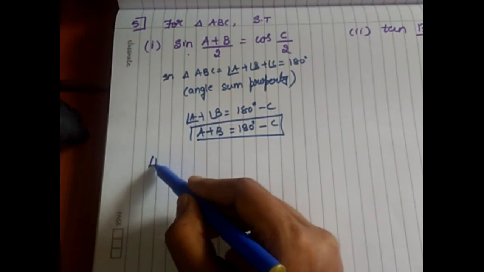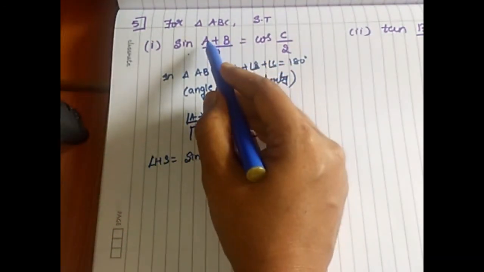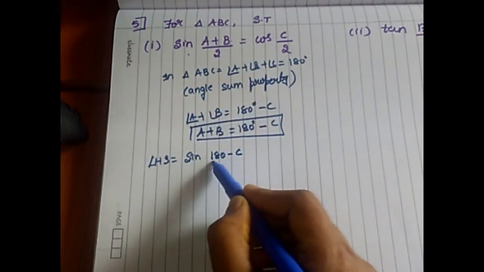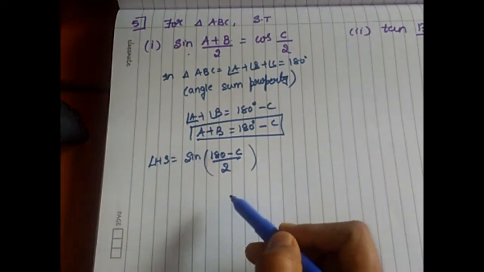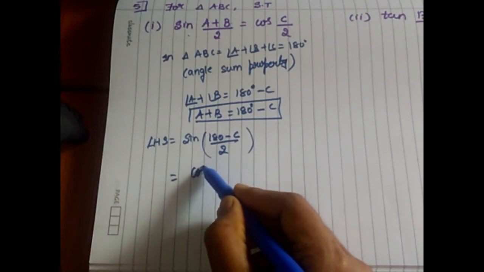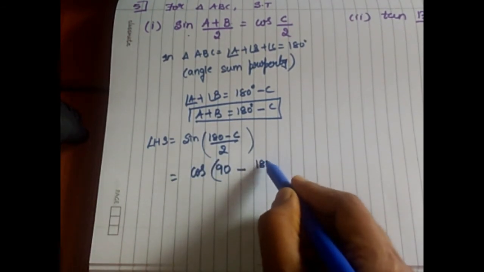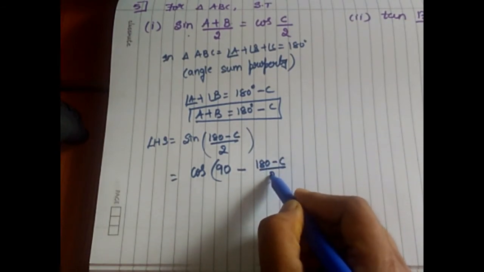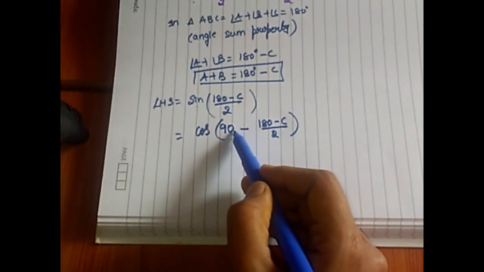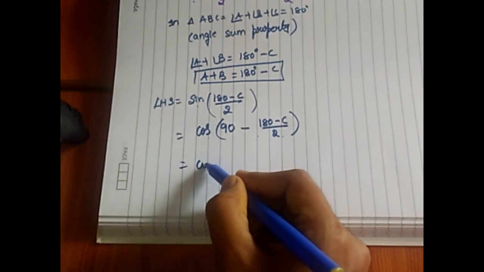Now start with your LHS. Sine of, in the place of A plus B, what shall I write? 180 minus C by 2. This is sine theta. I'll take its complementary, cos 90 minus theta. Theta is (180 minus C) by 2. Now what happens?